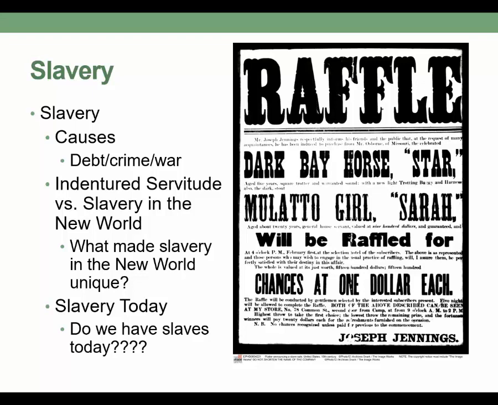Do we still have slavery today? We do. Your book makes the point that when you talk about human trafficking, and whether it is based on people's need for labor or sex trafficking, this is what we would consider today to be modern slavery. And it exists in all parts of the world, including here in America. So obviously, if you think about this ladder, at the top of the ladder are slave owners.